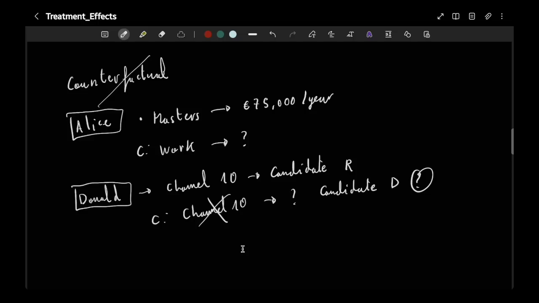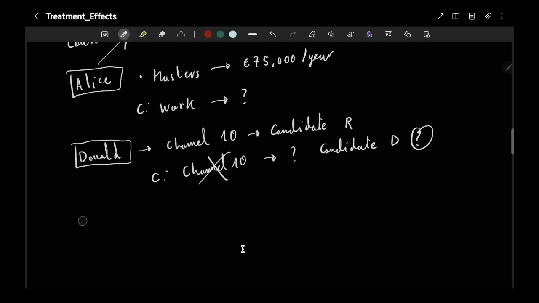Now you may be wondering about a before and after comparison. For example, what if we looked at Alice's wage immediately before she earned the master's and then immediately afterwards?